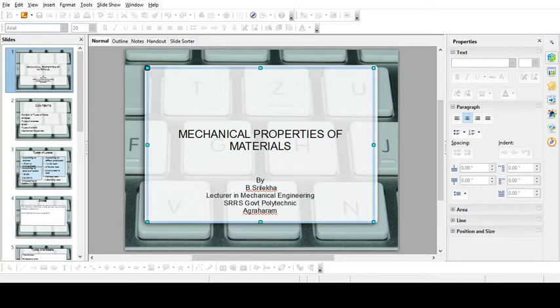Next comes strain. Strain is what occurs when a body is in a state of stress, that is, when it is loaded externally and deformation occurs.